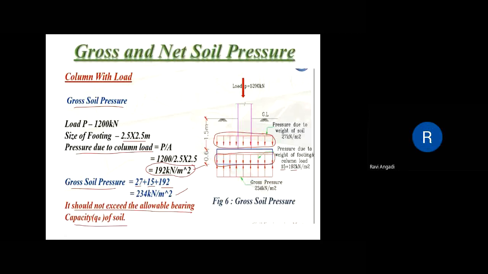So this is how we calculate the gross soil pressure. You need to take the pressure due to the weight of the soil, the weight of the footing and the column load. This all gives you the gross pressure at the bottom of the footing.